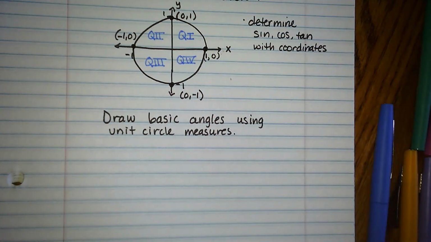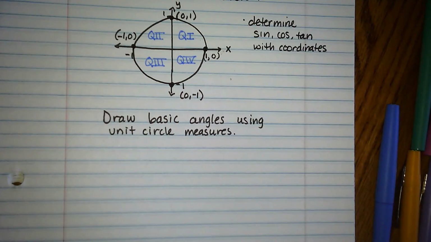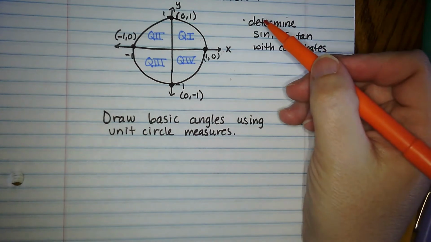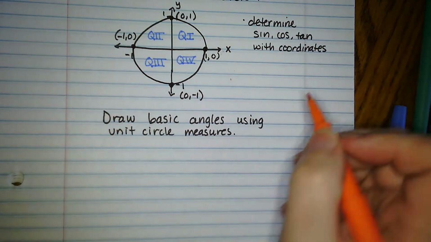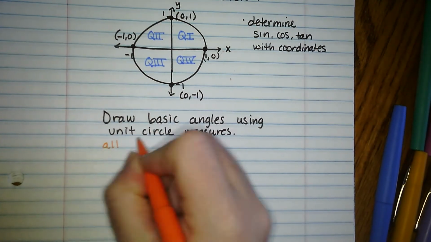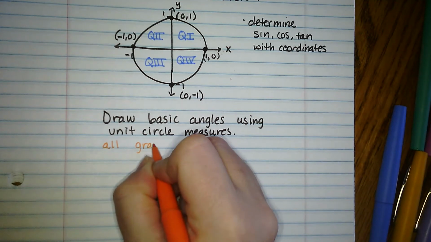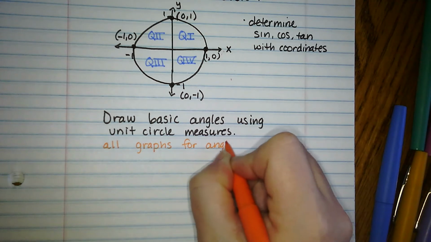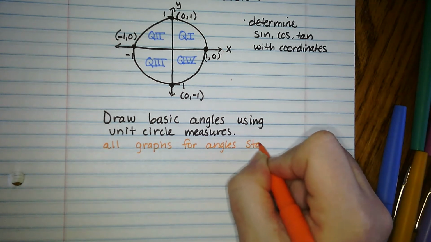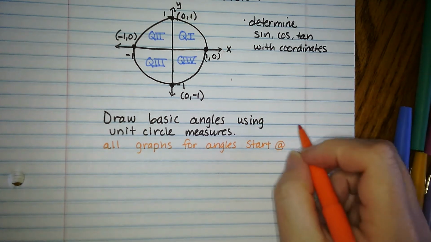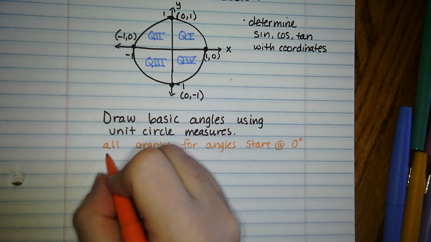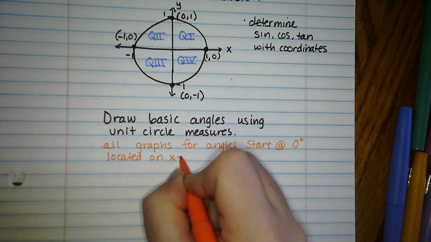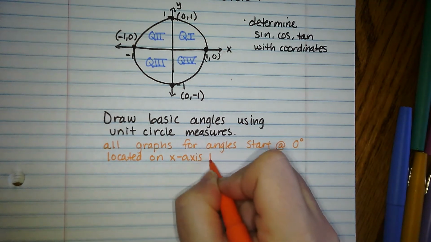Okay, the next thing is, where do we begin drawing? So in trig, for the circular trig unit, all graphs for angles start at 0 degrees, and that is located on the x-axis to the right.